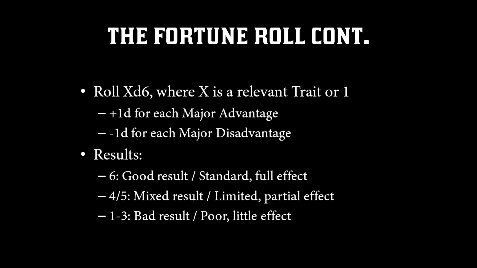Like, the 6, 4 to 5, 1 to 3 roll breakdown is pretty similar to what you use in PBTA games, and you could just run the game entirely on the basis of the fortune roll if you wanted to. If you find the action roll to be too constraining, then go ahead and do that.